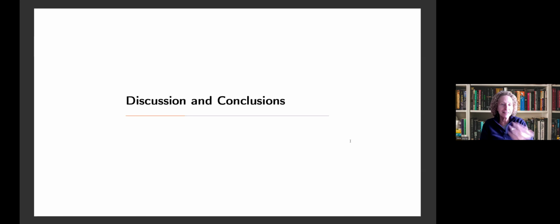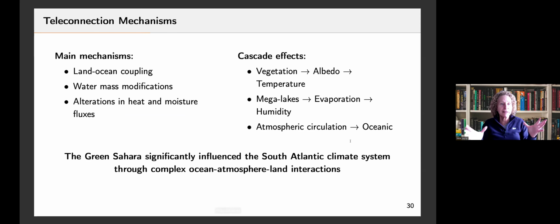And finally, getting to our discussions, one thing that we know is the teleconnection mechanism, is the fact that you have changes in land surface going on in West Africa that were associated with land-ocean coupling, which impact water mass modifications. It alters heat and moisture fluxes.